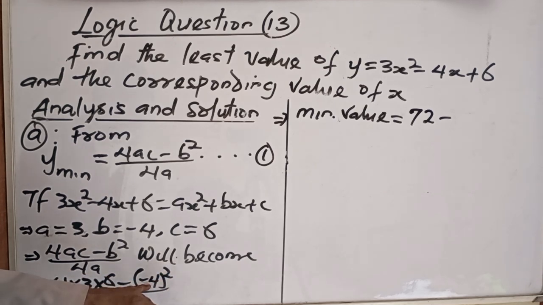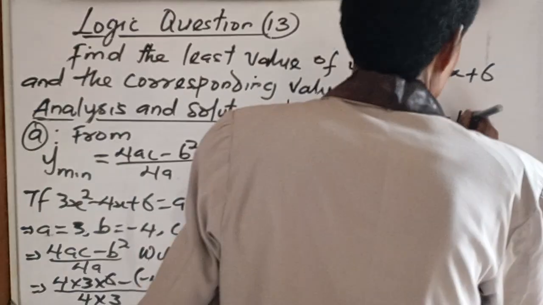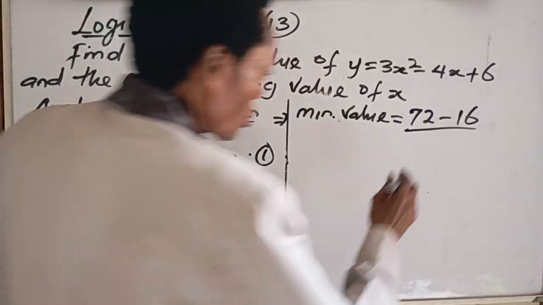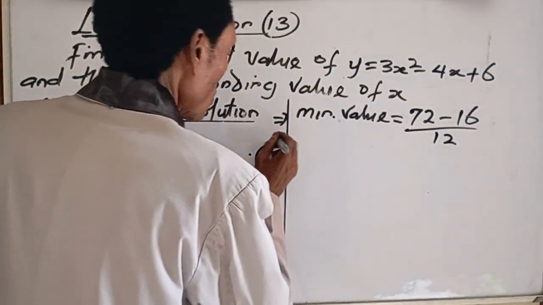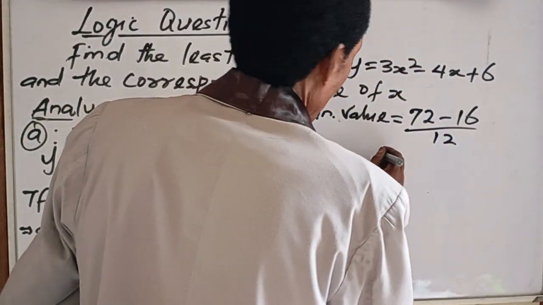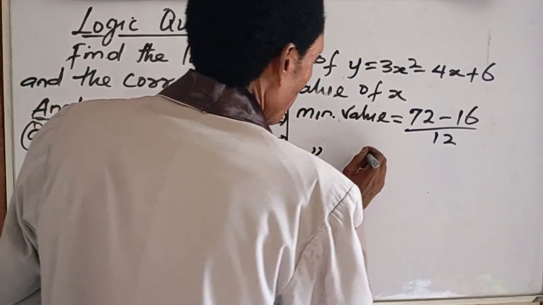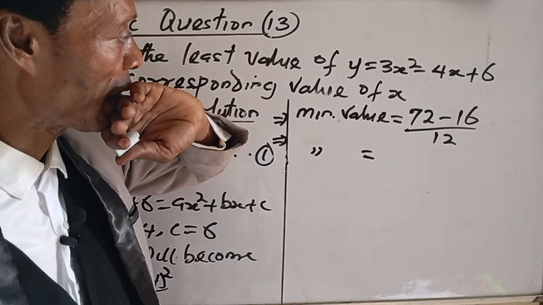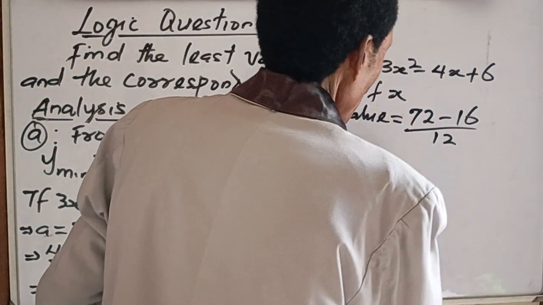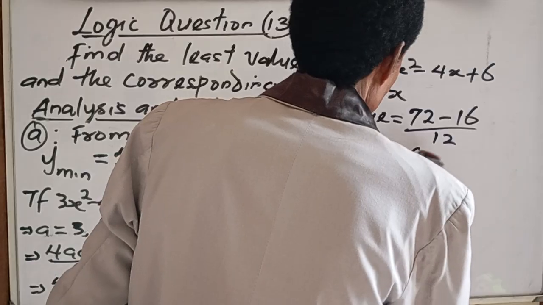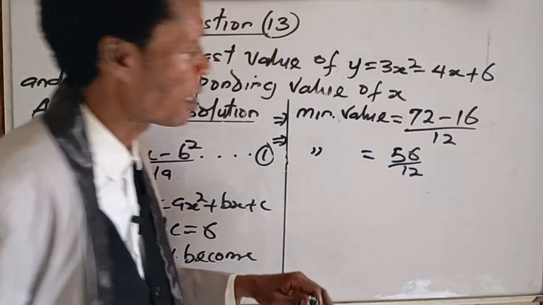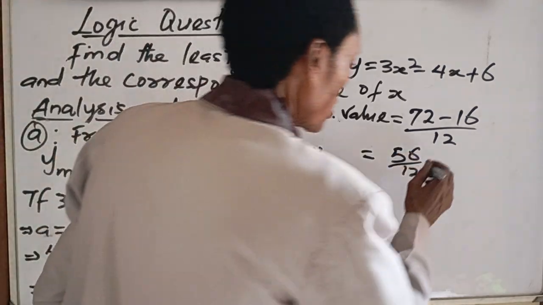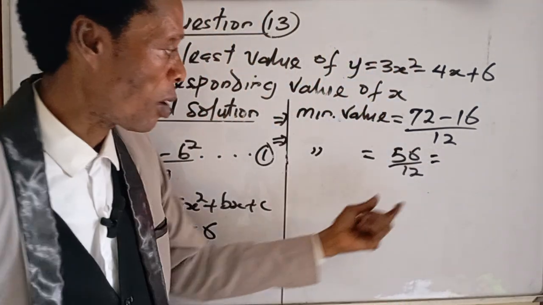So we have 4 times 4 will give us 16, all over 4 times 3 will give us 12. So the minimal value of y: 72 minus 16 will give us 56, all over 12.